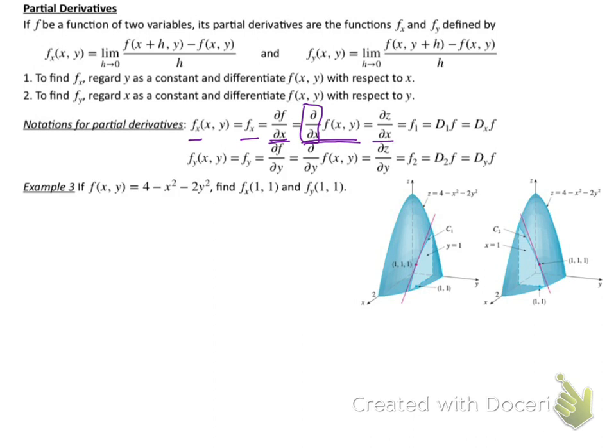Then, since you have two independent variables, x is the first slot, y is the second slot, instead of saying fx, you can also say f1. That's your first partial derivative. Or D1, like in the bigger derivative set, you are looking at the first coordinate, or the x coordinate. So that's the D1 or Dx f.